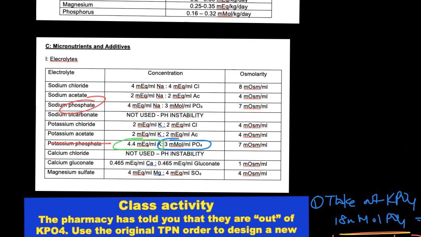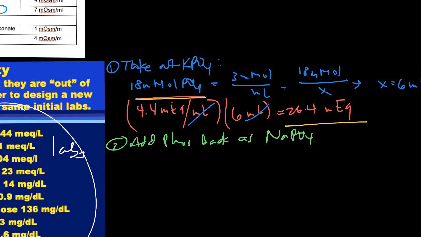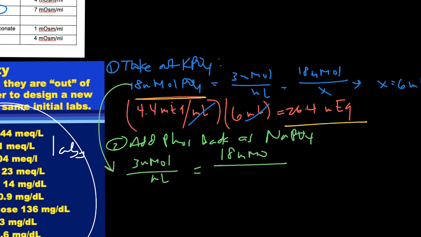You're going to give back 18 millimoles of phosphate. How many milliliters of sodium phosphate is that? You have 3 millimoles per milliliter of phosphate. You're getting back 18 because you lost 18 in K-phos. Now you have to give back the 18 as sodium phos. Solve for X, that gives you 6 milliliters.